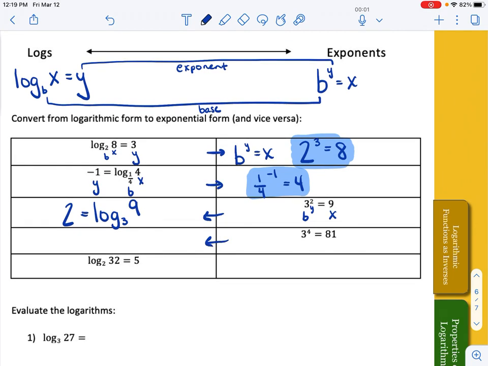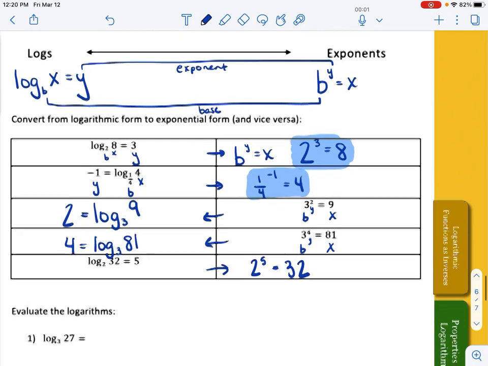Go backwards here too. 4 is equal to log base 3 of 81. Okay? And once again, we can go from a logarithmic to an exponential. We can have 2 to the 5th power equals 32.